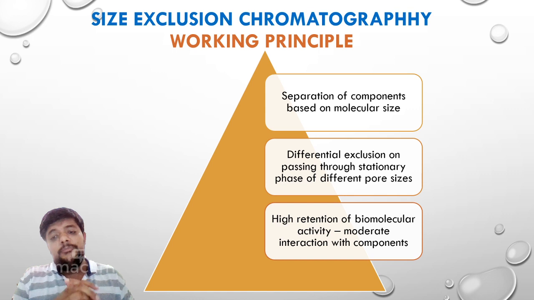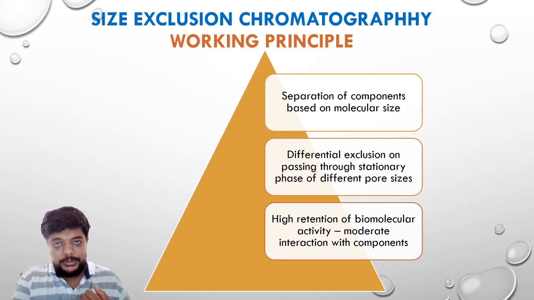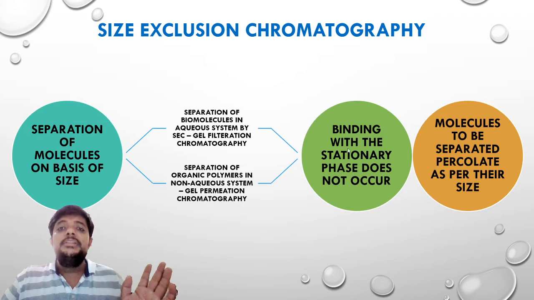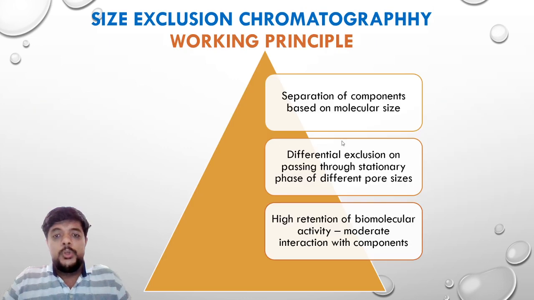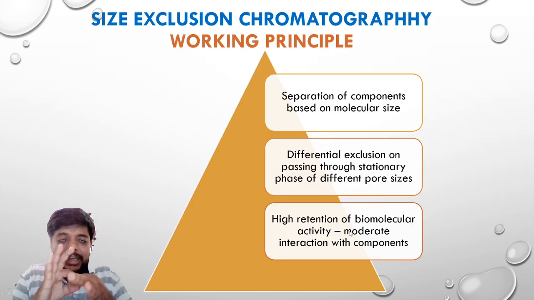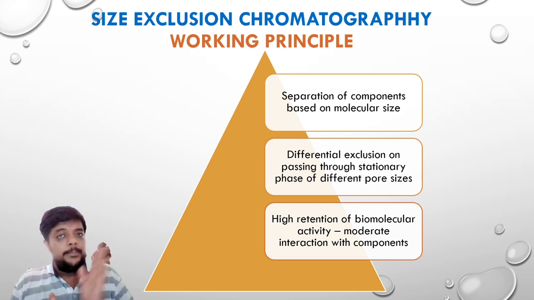High retention of biomolecular activity, which is equivalent to the moderate interaction with the components. Now here is the question. Why do we say it to be a moderate interaction with the components? Because over here it is mentioned binding with the stationary phase does not occur. So if the binding with the stationary phase does not occur, there is very little interaction between the stationary phase and your sample.